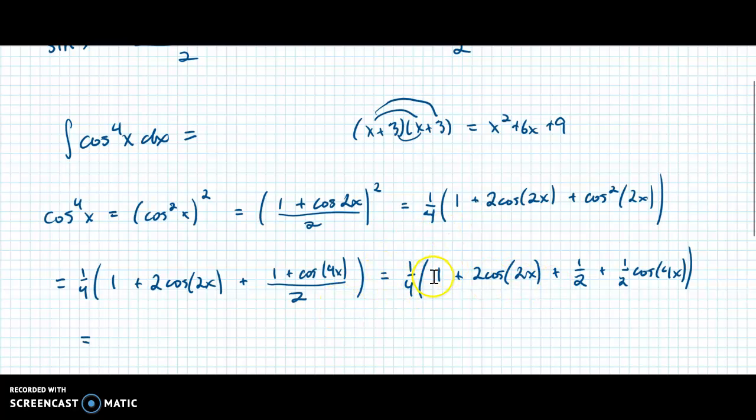So if I take 3/2 and multiply by 1/4, I get 3/8. And then the next thing, I got a 2 cosine 2x divided by 4, so 1/2 cosine of 2x. And then this just needs the 1/4 multiplied in, so I get plus 1/8 cosine of 4x.